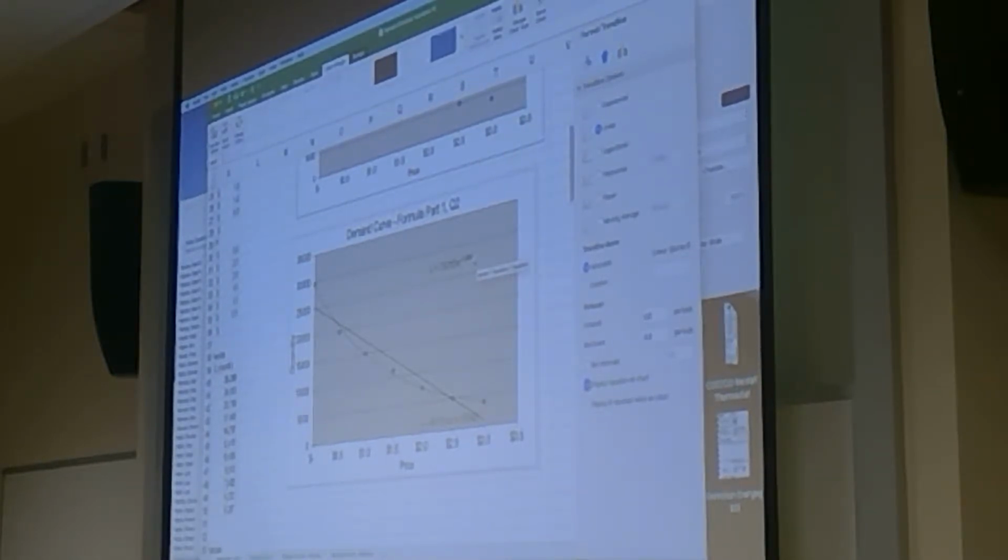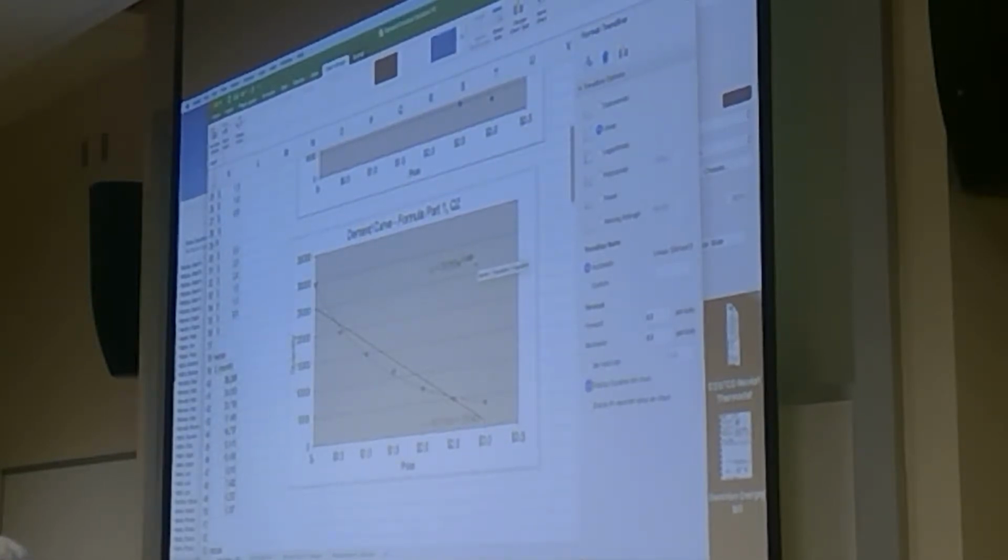You get to see which function fits best, and then you just tell it, okay, give me the formula for that function. That's pretty darn cool. You don't have to do a regression. You don't have to put it all through an exponential function. It does it all for you.